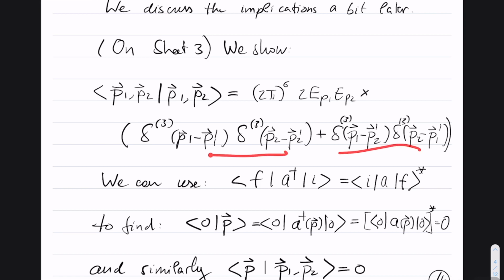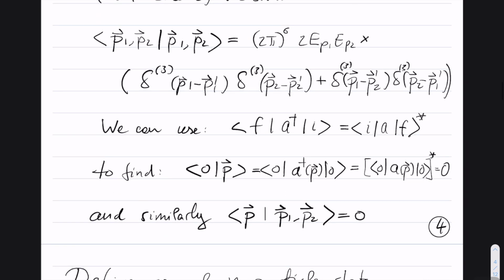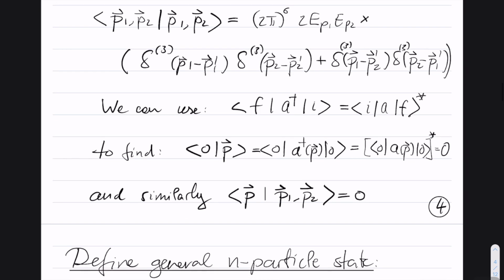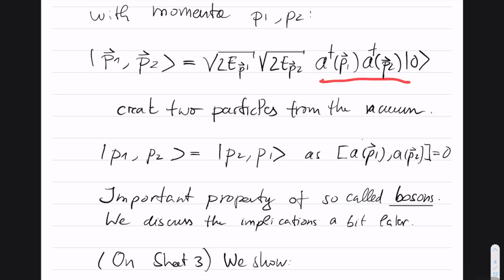This is also a possible combination because it comes from the fact that we can shuffle around the creation and annihilation operators. To show this expression will be a question on exercise sheet 3. This is in principle a simple exercise of just using the properties of the commutation relations.